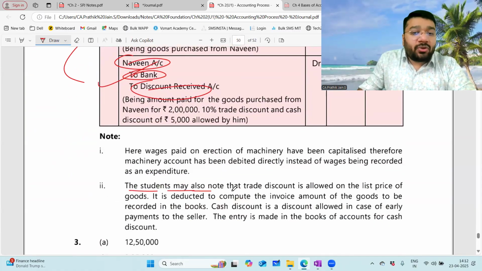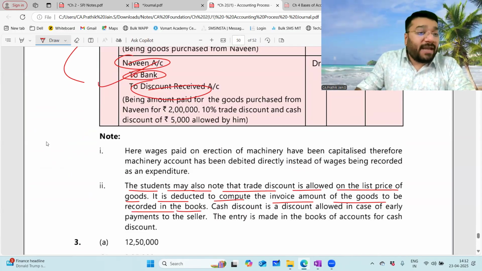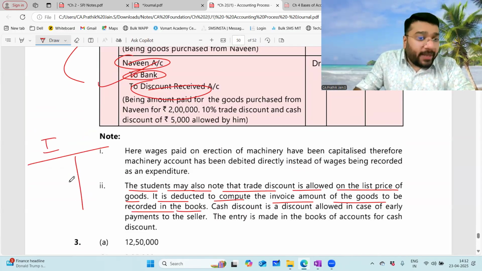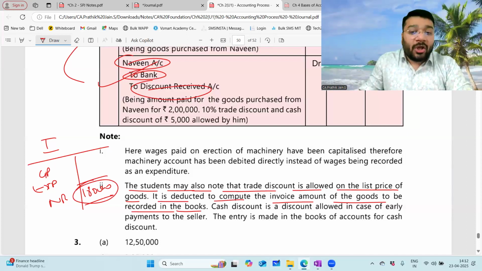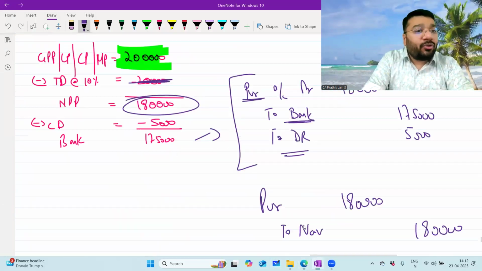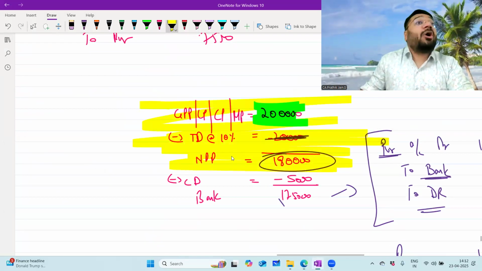The student may also note that the trade discount is allowed on the list price of the goods. It is deducted to compute the invoice amount of the goods to be recorded in the books. So always when I prepare the invoice, in the invoice you'll have the gross price minus trade discount. This net value, the net purchase price, is the invoice price that you record in the purchase account. This presentation is done in your invoice.